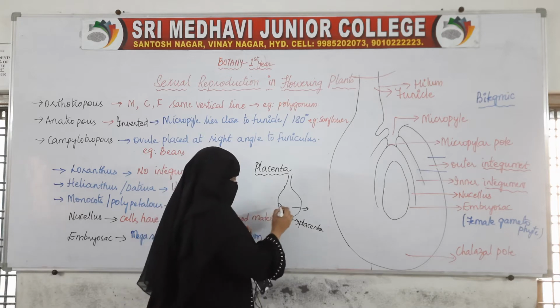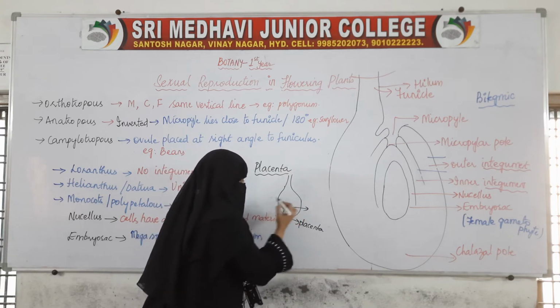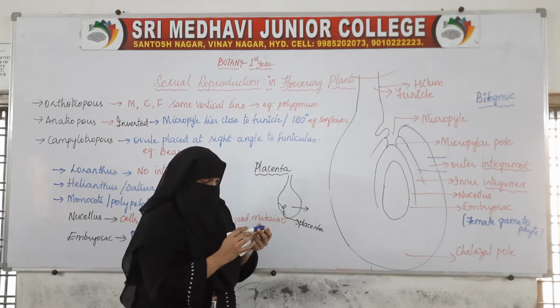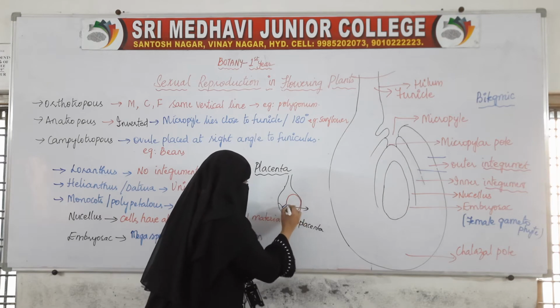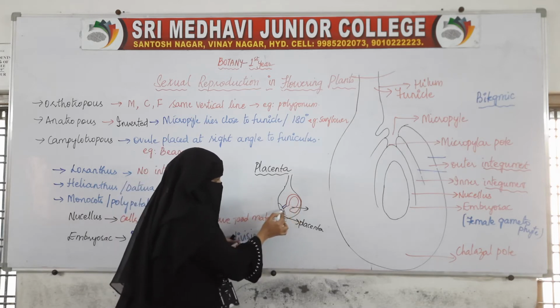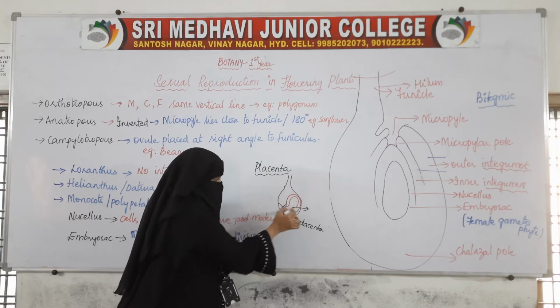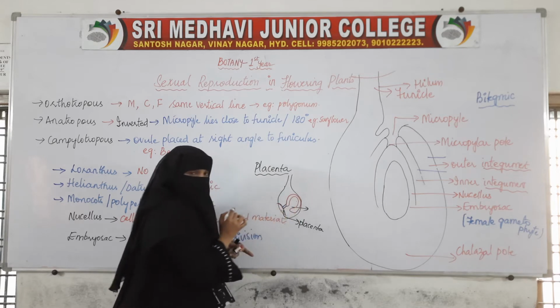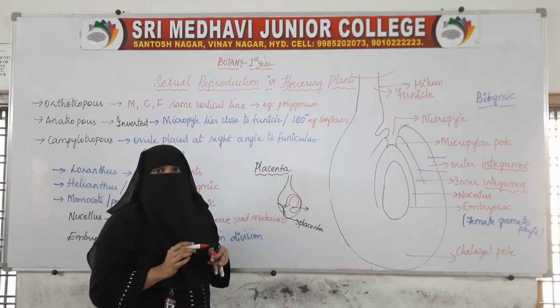On this placenta, a stalk-like structure is attached, and this will be the ovule. So the ovule is attached to the ovary with the help of this placenta and this stalk-like structure, which is called the funicle.